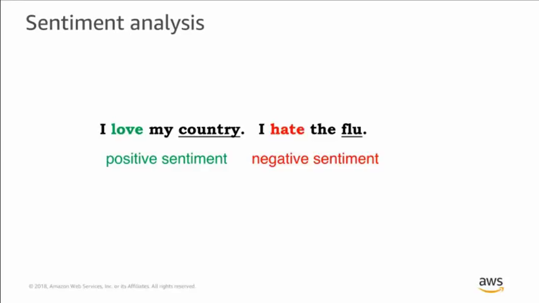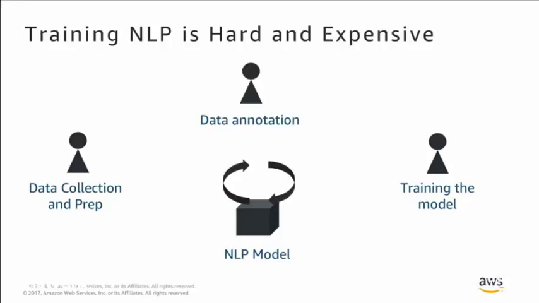And so that is why NLP is a hard problem. Why is NLP hard? It's not straightforward. You need to have a large corpus of data to train, usually going into the petabyte size. And then you need to have annotated data. What do I mean by annotated data?